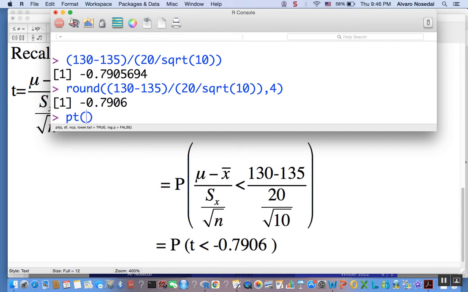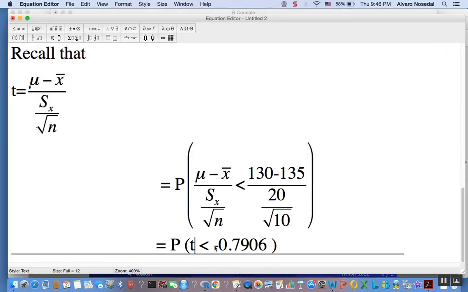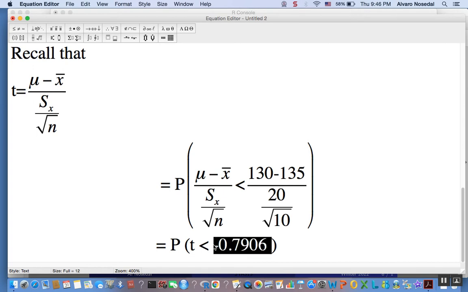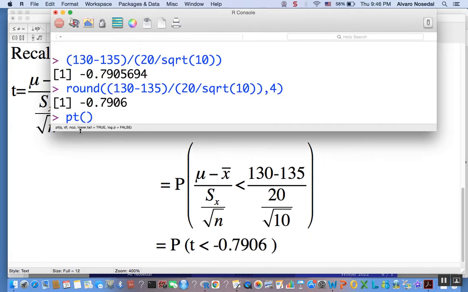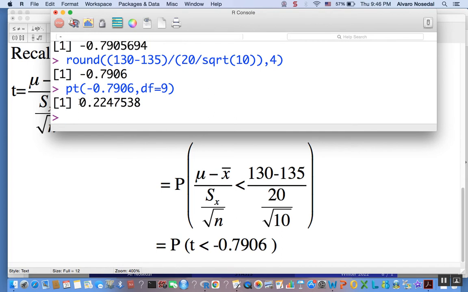So what we need is the point at which the CDF will be evaluated. So it's negative 0.7906. The other argument that we need is the degrees of freedom, in this case 9. So that's the probability that we want.